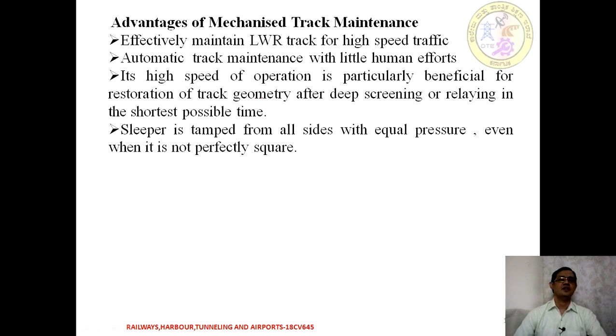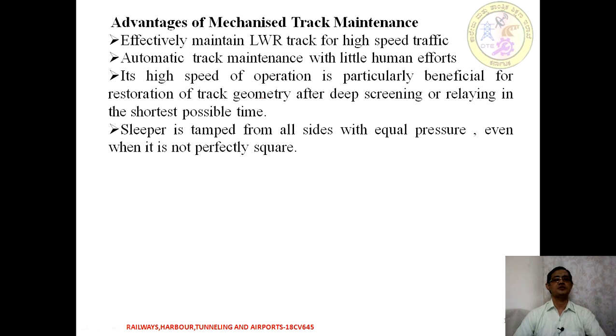So what are the advantages of using mechanized track maintenance? As we know, it can maintain the LWR, that is long welded rail, for high speed traffic, with automatic track maintenance and little human interference and effort. Its high speed of operation is particularly beneficial for restoration of track geometry after deep screening or relaying in the shortest possible time.